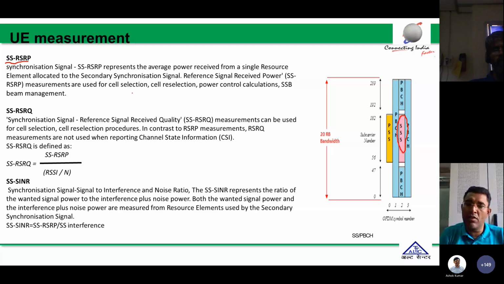All the resource blocks having symbols like PBCH, DMRS, PDSCH, every channel allocated in the whole bandwidth or our particular resource block, they measure all the channels, not only the SSS, or we can say the secondary synchronization signal. That is the RSSI, and divided by N, because we are calculating the received signal strength indicator per resource block.